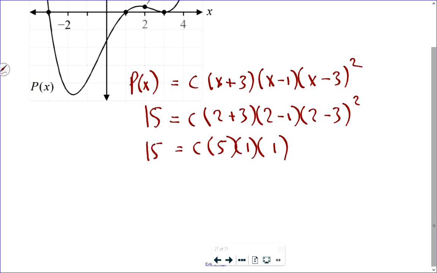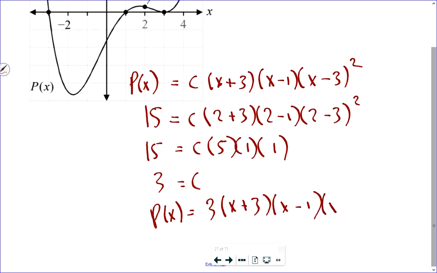When you square negative 1, it becomes positive 1. So we end up with c equals 3. You have to take 15 and divide by 5 to get c. So the polynomial function is p of x equals 3 times x plus 3 times x minus 1 times x minus 3 squared.